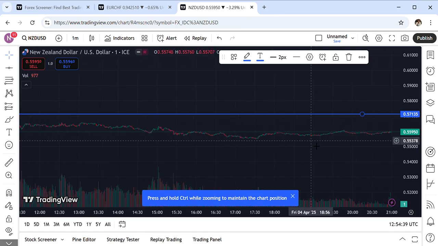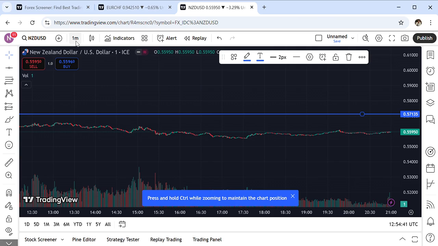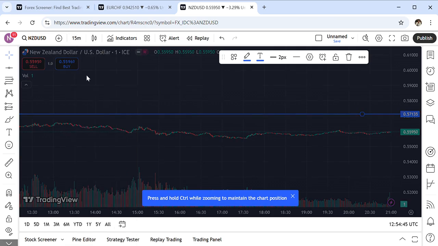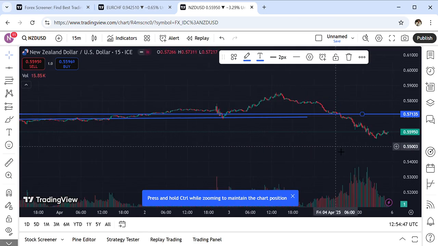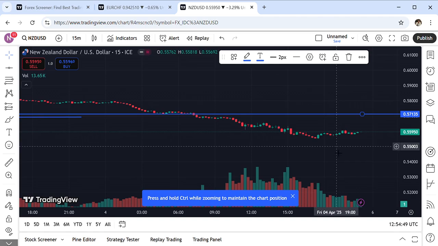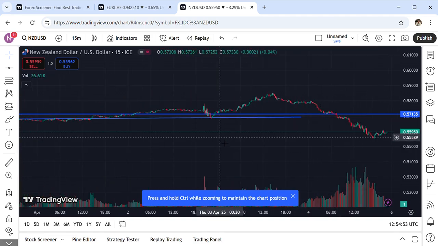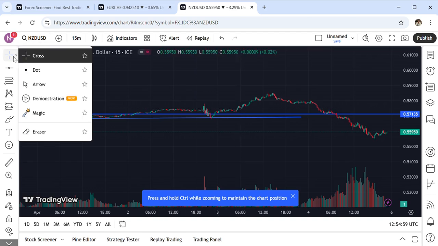Why is the tree so tiny? Okay, this is the 1 minute. Sorry, I went to the 15 minutes. This is my 15 minutes here. How can I do this?